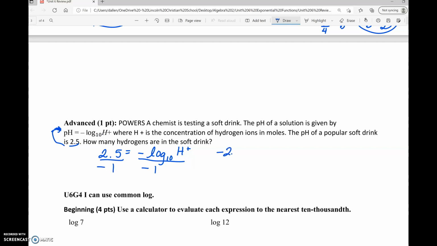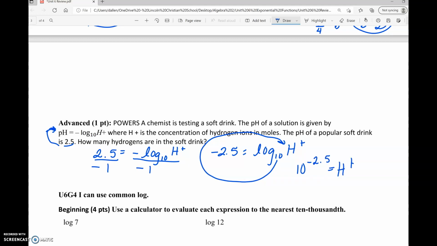So I have negative 2.5 equals log base 10 of H plus, my hydrogen ions, and then I'm going to put this in exponential form, so it'd be 10 to the negative 2.5 equals my hydrogen ions, which is 0.00316 hydrogen ions.